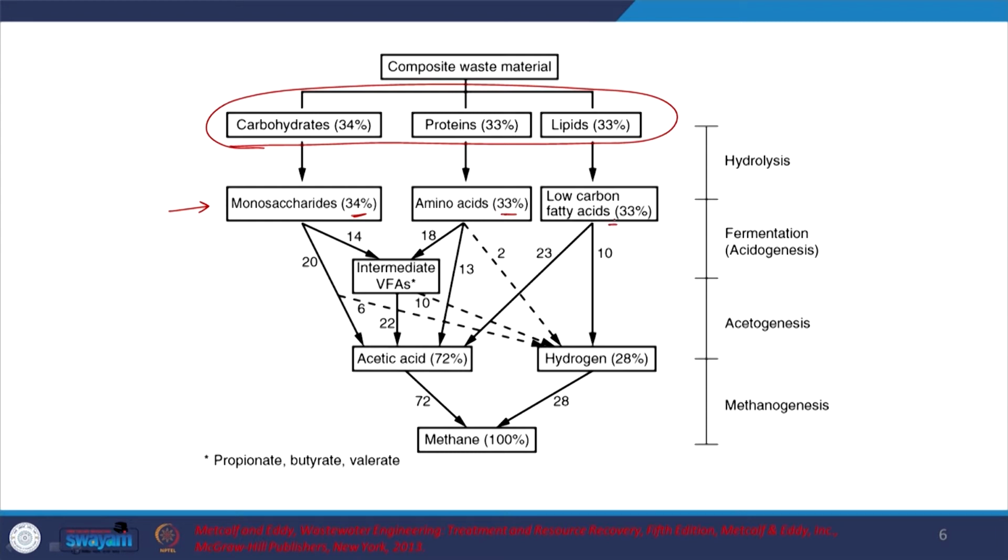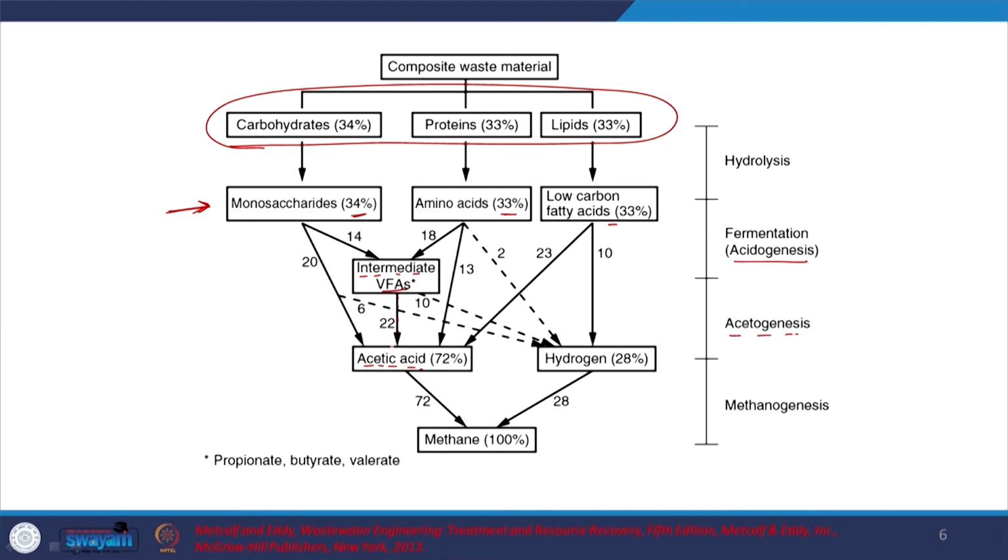And then what is being formed? In acidogenesis, you are going to have intermediate volatile fatty acids being formed. And in acetogenesis, you are going to have acetic acid being formed, either directly, some of it from the compounds after hydrolysis, or from the intermediate volatile fatty acids that were formed.